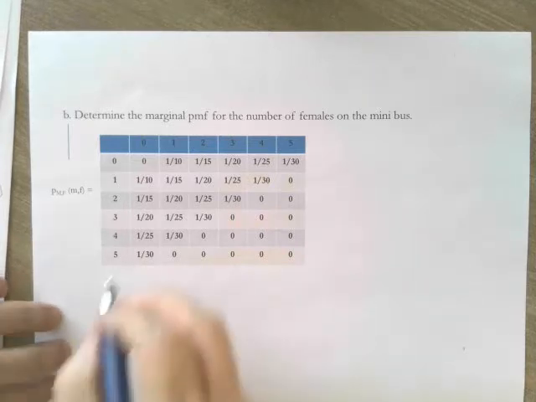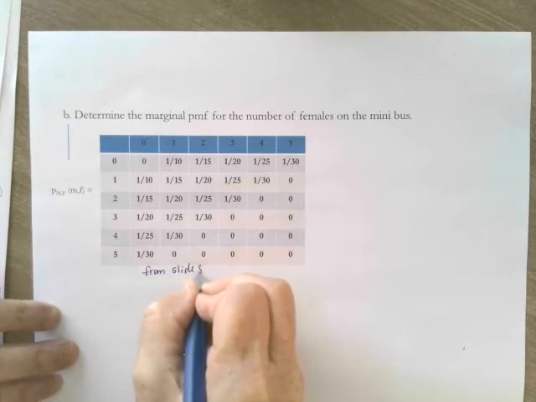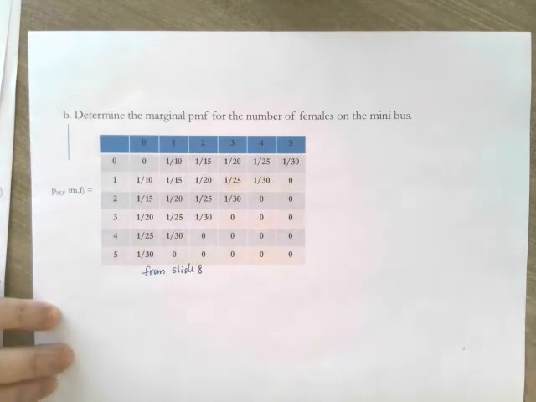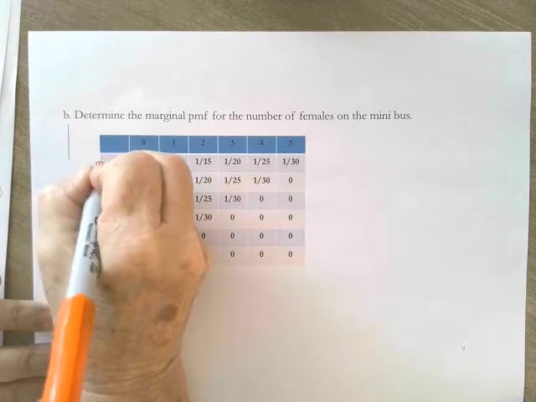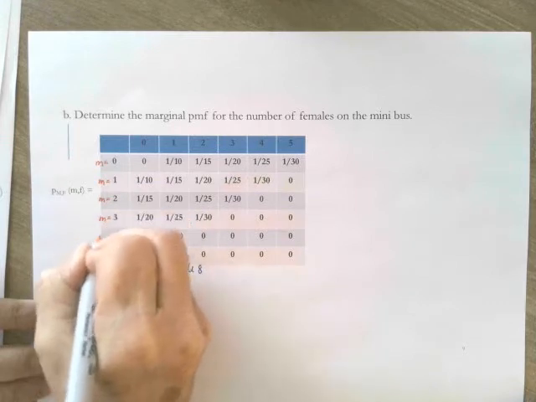So this is just from slide 8. I didn't do anything new here. But again, just to remind you, and now I'll use my colors, why not? So again, this is representing number of males is 0, 1, 2, 3, 4, and 5.